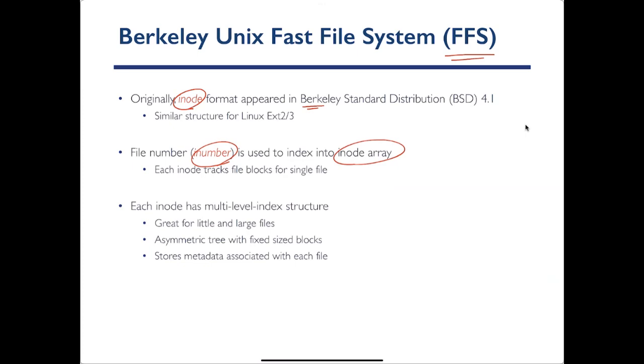Each inode has a multilevel indexed structure, the same pattern that we saw for directories. Initially, the first one that we saw was a linked list of file name, file number entries, and then we said that was bad, and then we talked about tree structure, B-star tree in particular.